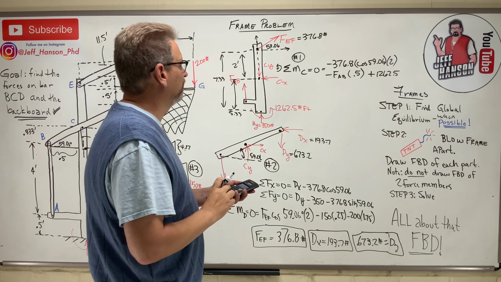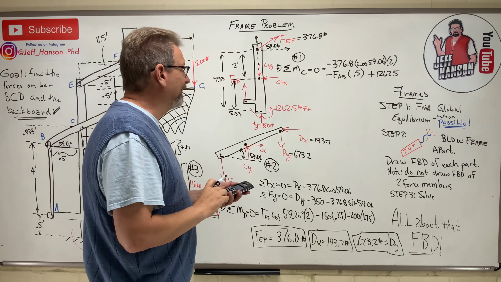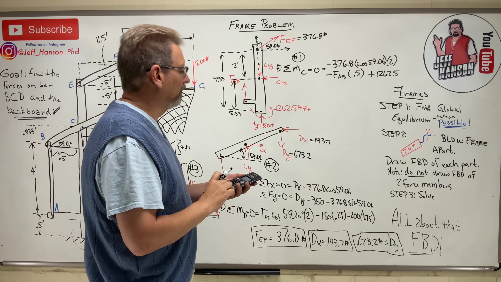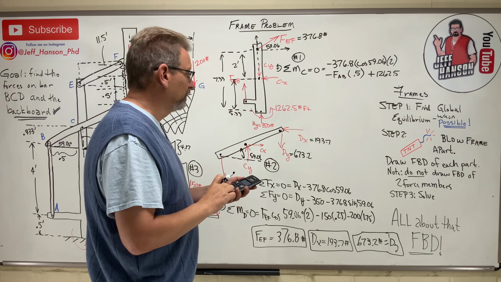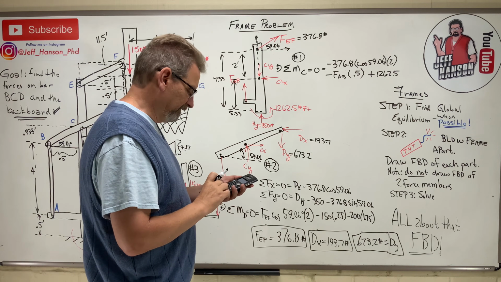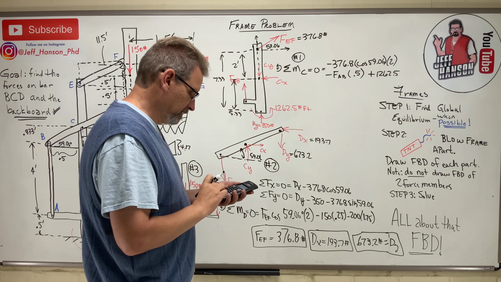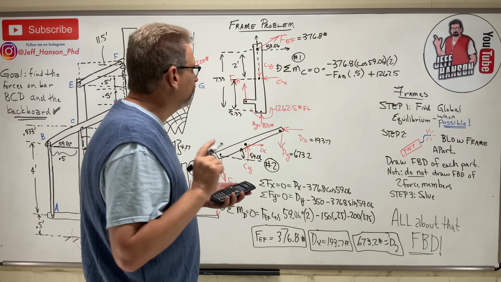So, goodness gracious. 1262.5 minus 376.8 times 2 times cosine 59.06 equals 875.